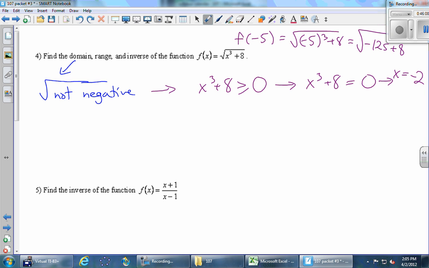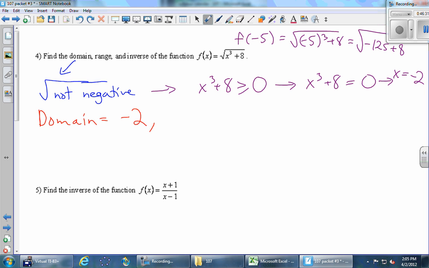Can you guys take that and write the domain using interval notation? Where does this domain start? At -2, that's the smallest number that's okay.